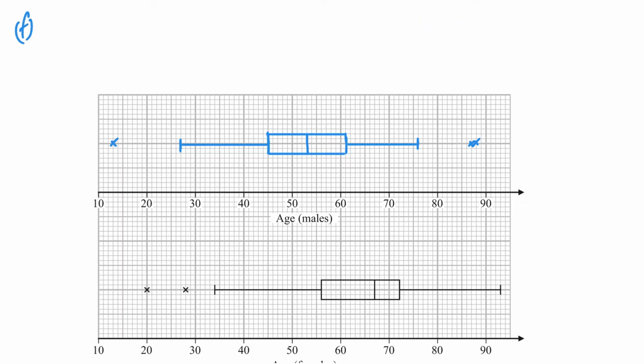Now part F is an interesting one. We've got to state, giving reasons, what we know about the ages of the granddaughter and Andras. So we've got Anja, don't know if I'm saying that right, along with her two daughters and granddaughter. So there's four of them. Now, when all four ages are included with the other female passengers, the box plot does not change.